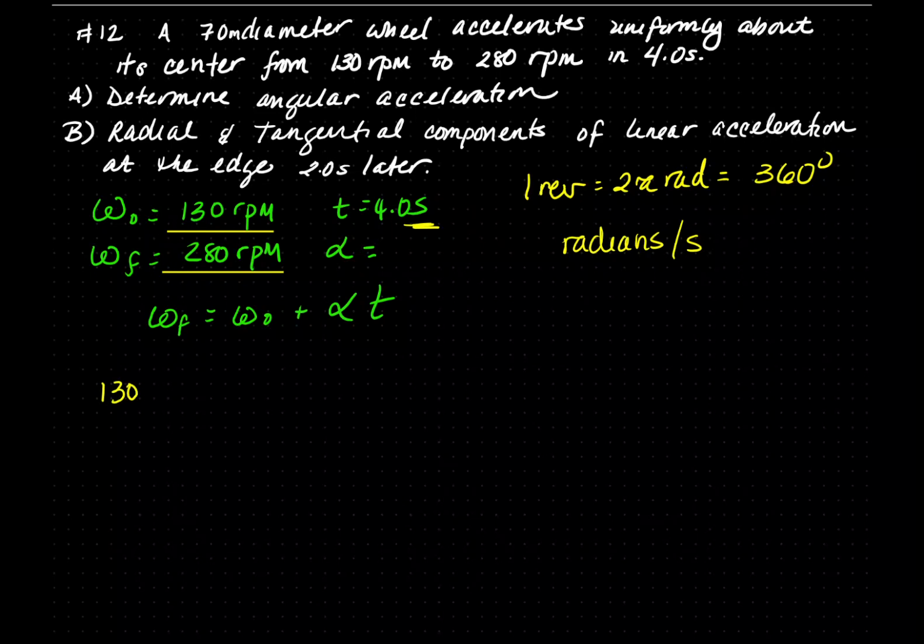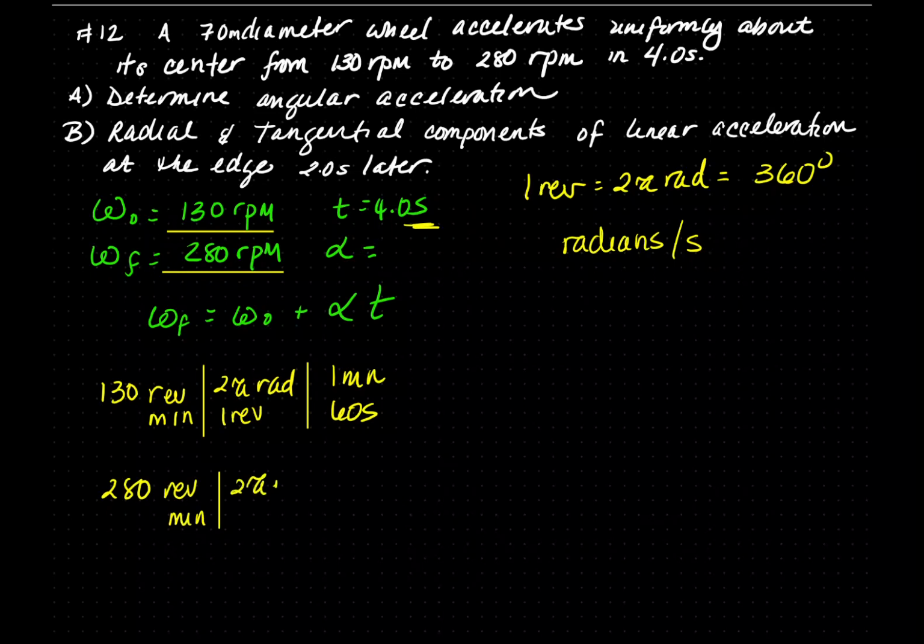So I have 130 RPMs, which is revs per minute. 1 rev has 2 pi radians, 1 minute has 60 seconds. This is my initial. My final, we're going to do the same thing: RPM, revs per minute, 2 pi rads, 1 revolution, 1 minute, 60 seconds.